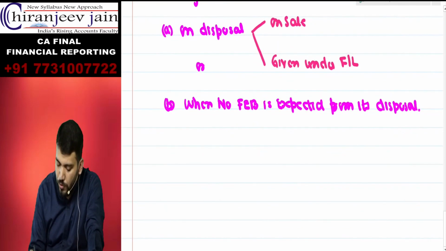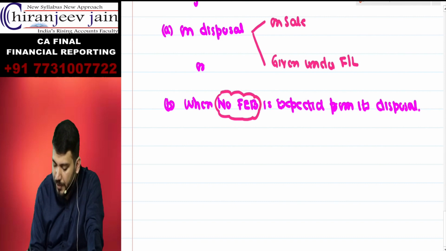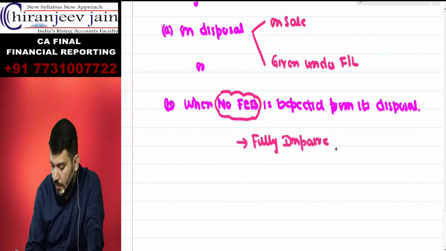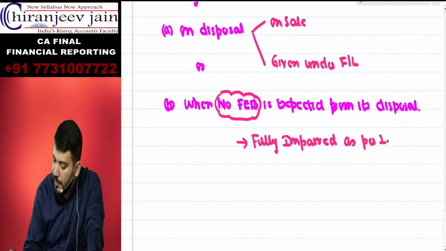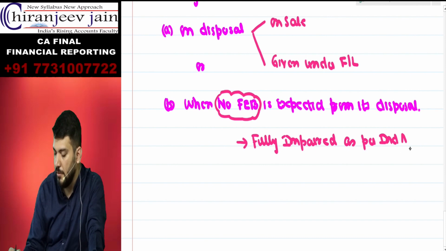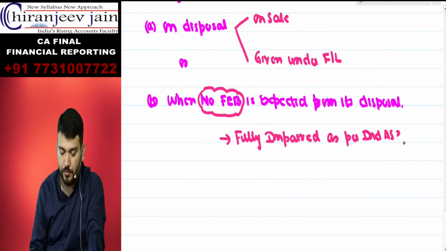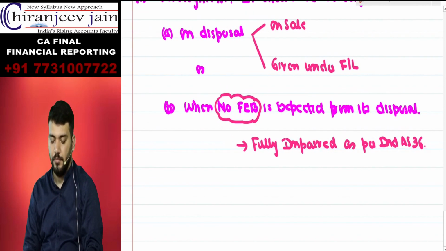And when I am saying no future economic benefit is expected from disposal, means fully impaired. It means now it is fully impaired as per Ind AS 36. Understood?